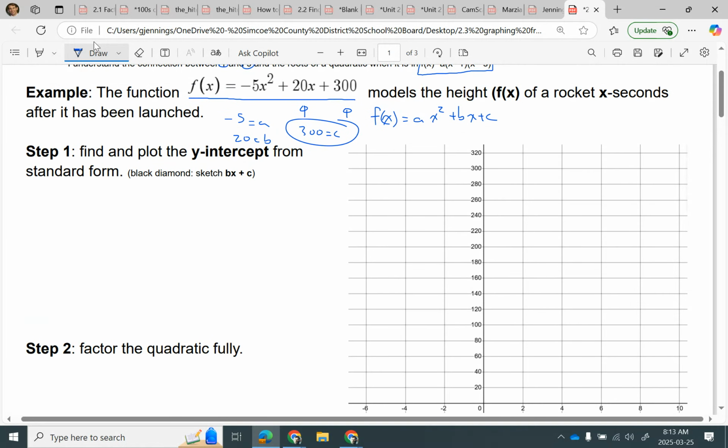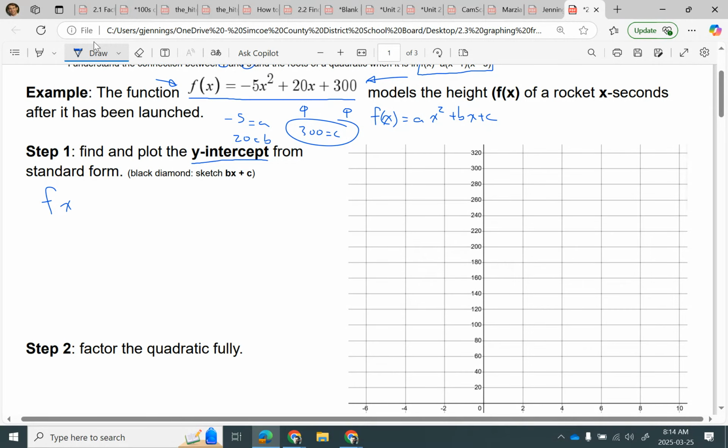The first thing that we can do, right away, is put the y-intercept onto the graph. Does anyone remember, or anyone see the trick for how we can find the y-intercept? I just did it. What did I do? So here's our function.